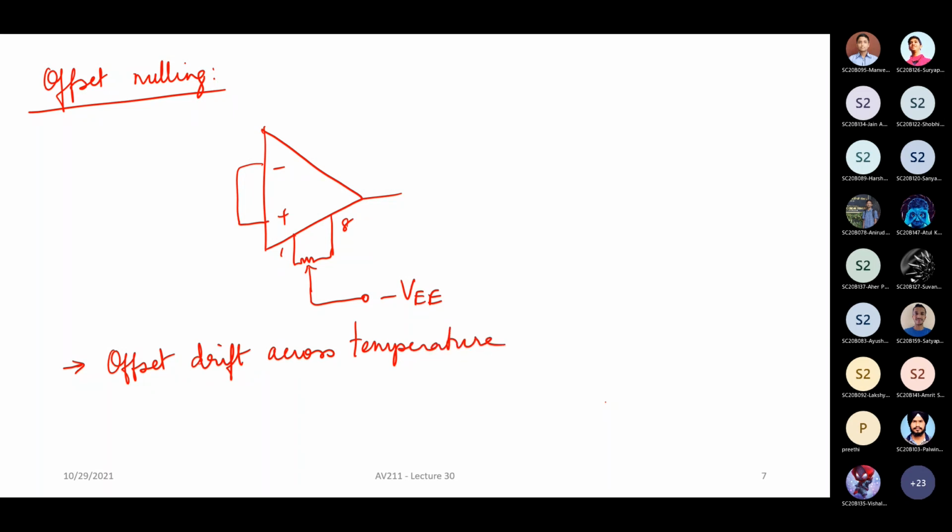As you keep using this device, after a period of time the temperature of the IC itself will start to increase, and because of the increase in temperature, the offset starts to drift. So this is a problem. There are other, more advanced ways of tackling offset, but that is not very commonly done in discrete electronics. It is more done at the IC level.